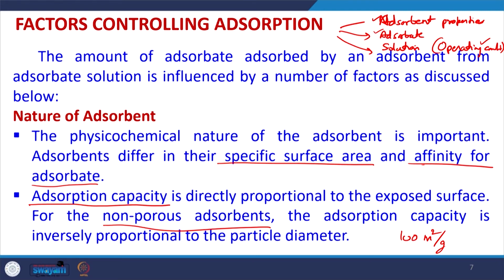For non-porous adsorption, the capacity depends upon the particle diameter. If there are two balls, smaller balls will have higher surface area, and we can keep more balls within a certain volume, so we have more external surface area. So, for non-porous adsorption, the adsorption capacity is inversely proportional to particle diameter.